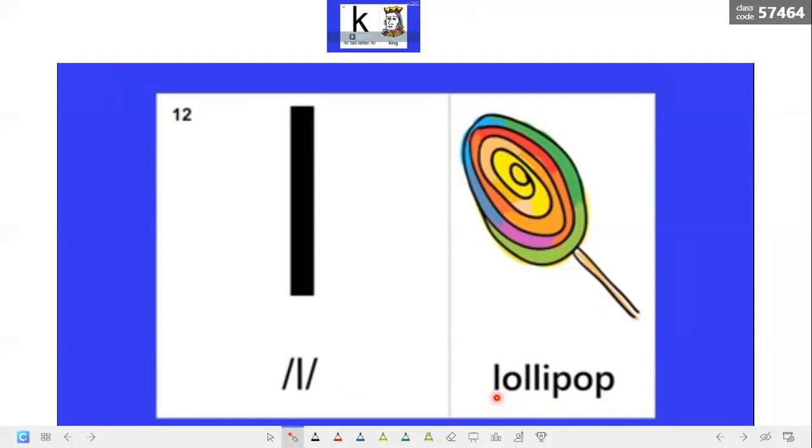If it comes at the beginning, we say it is light, or when it comes in the middle or at the end, it is usually dark. So we say, okay. Notice the word lollipop. Lollipop. Number 12. Lollipop.